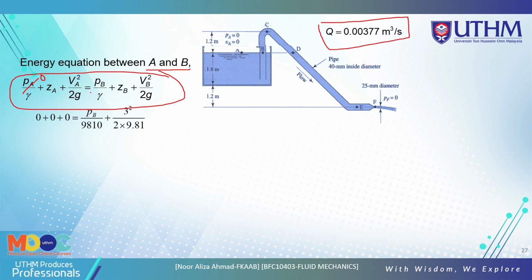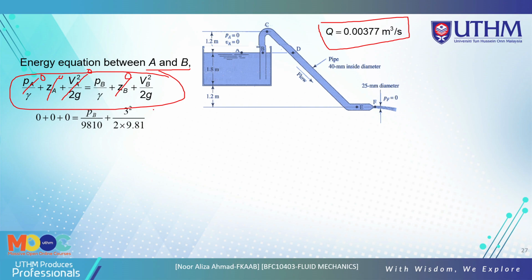The VA is also 0, we neglect it. And ZA and ZB are also 0, because A and B are at the same level. So we get 0 here, and we just have the pressure at B plus the velocity at B squared over 2g.